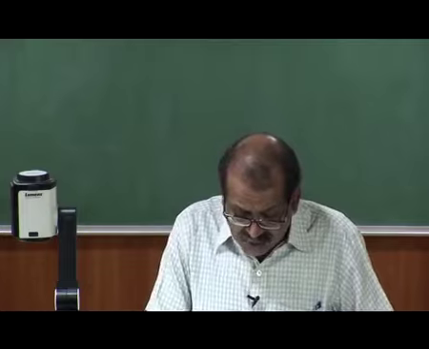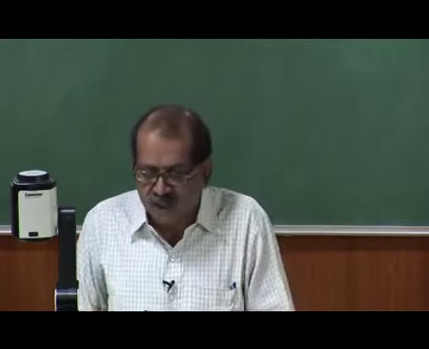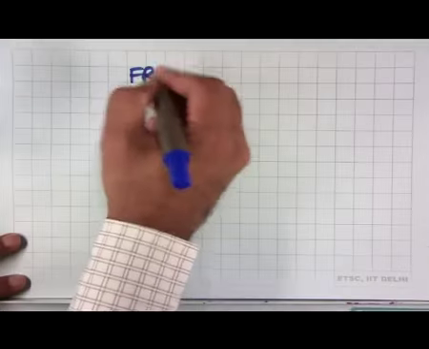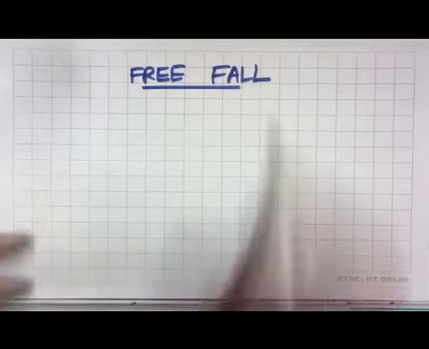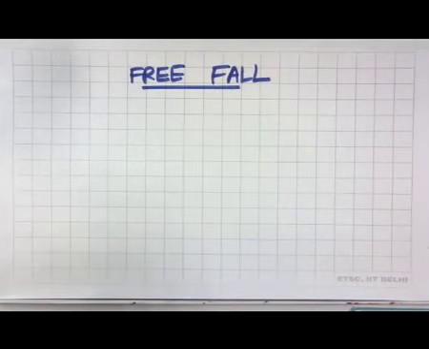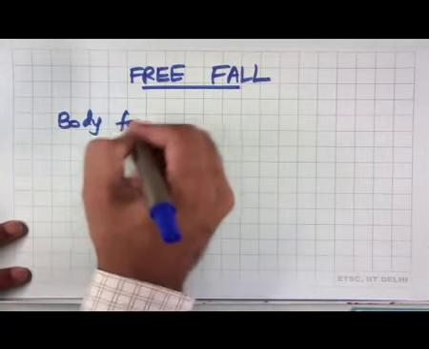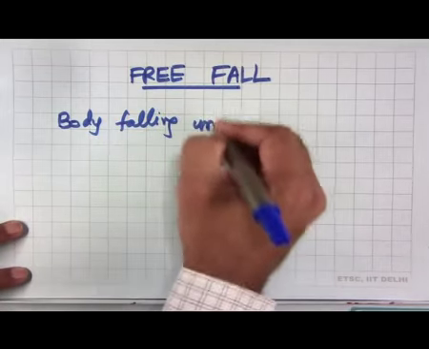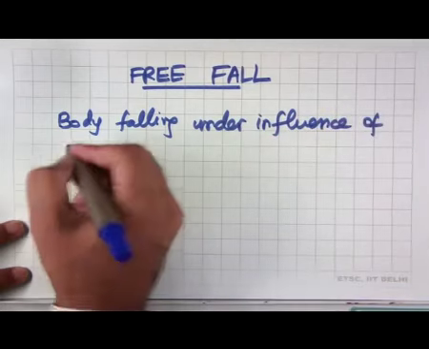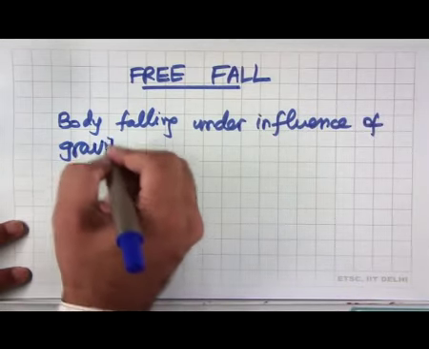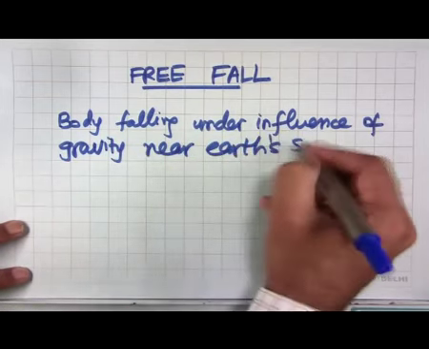Now, as we discussed, one particular case where this constant acceleration is very often used is the case of free fall. Free fall means a body falling under the influence of gravity near Earth's surface.